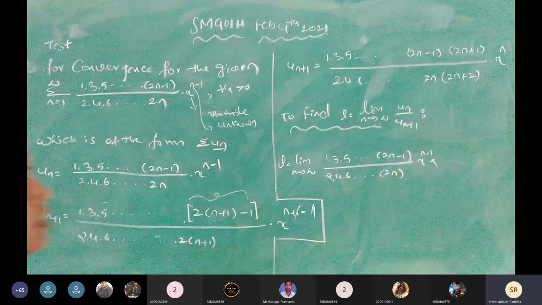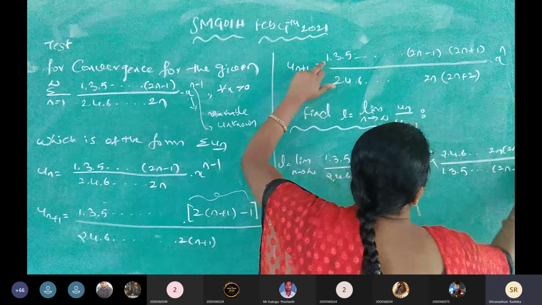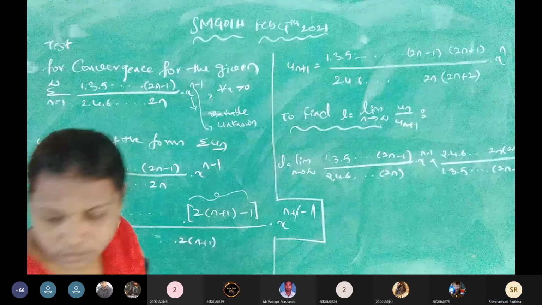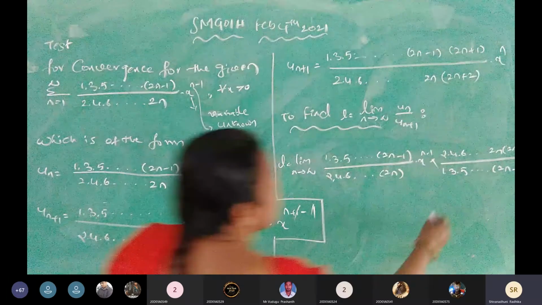It is clear? I am going to directly write here 2 into 4 into 6 up to 2n into 2n plus 2 by 1 into 3 into 5 up to 2n minus 1 into 2n plus 1, and into x to the power of n, total into x to the power of n. It is clear?